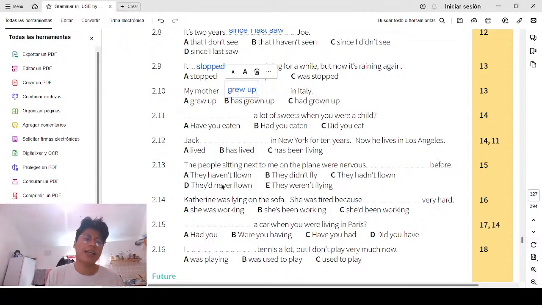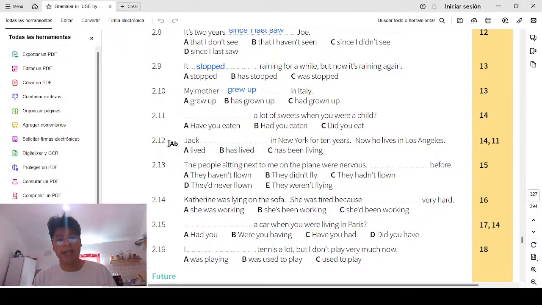You don't know exactly the specific moment that this action happened, right? In this case, my mother grew up in Italy. That's the only information that you know, so you don't have more context to use a present perfect or something like that. It's just "my mother grew up in Italy" because you don't know exactly the time that it happened. You only know that she's Italian, right?